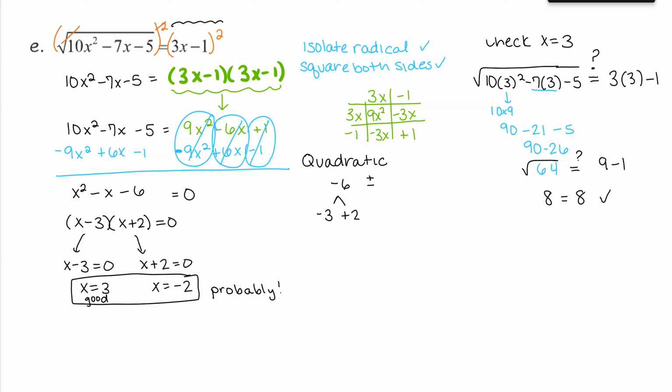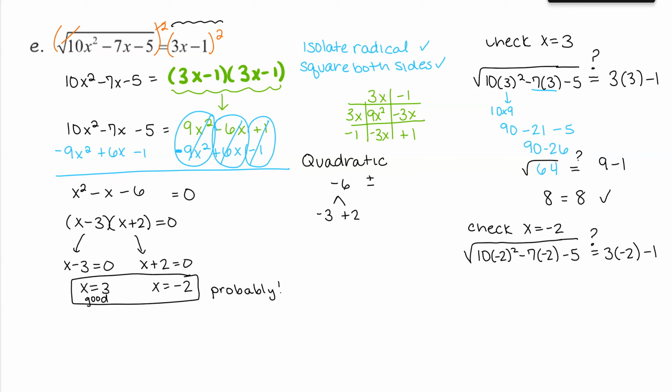So let's try it. I'm going to check x equals negative 2. So I have the square root of 10 times negative 2 squared minus 7 times negative 2 minus 5. All of that was under a square root. Is that the same as, question mark, 3 times negative 2 minus 1?